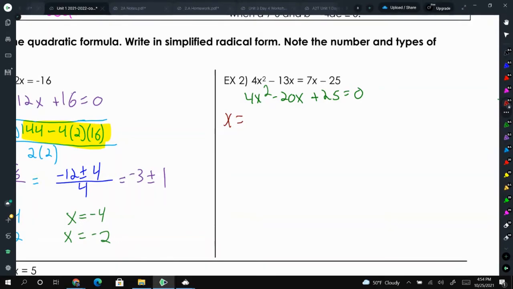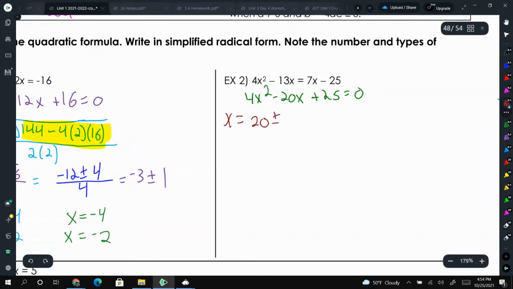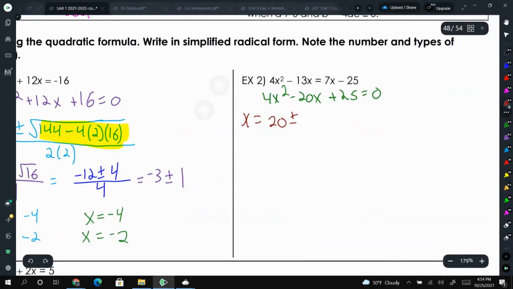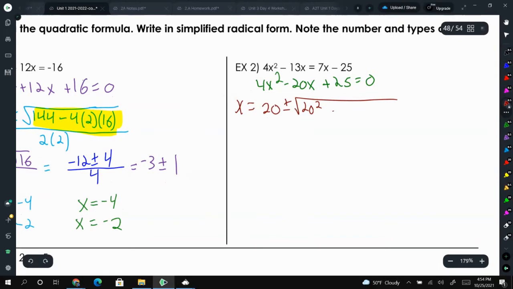The quadratic formula says negative b, but b is already negative 20. So it's going to be positive 20 plus or minus the square root of b squared. So 20 squared, minus 4 times a times c, all over 2 times 4.